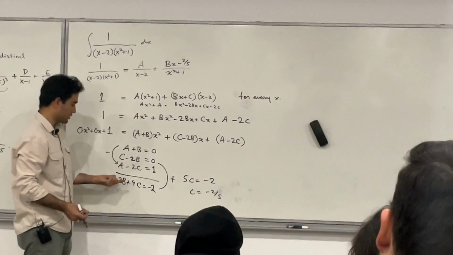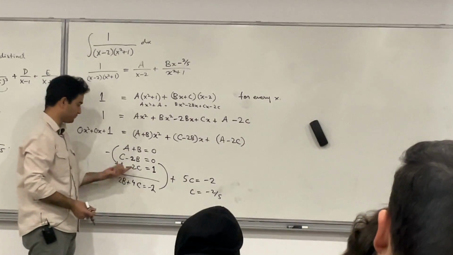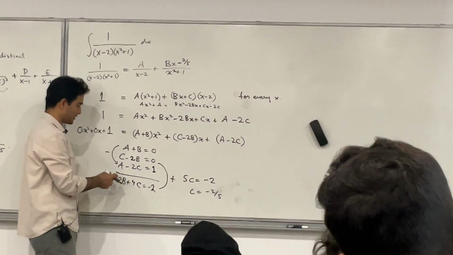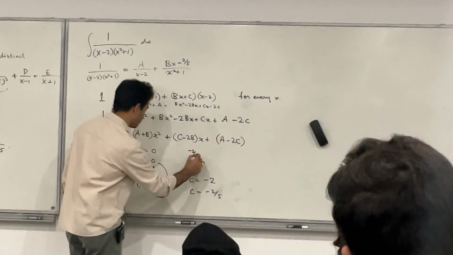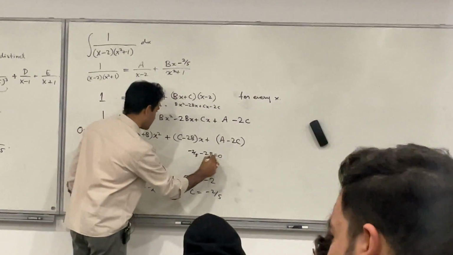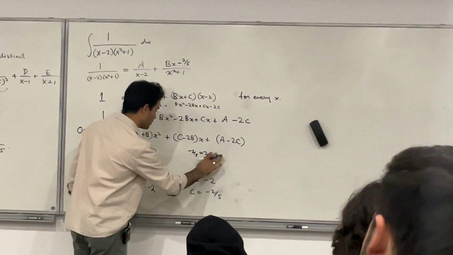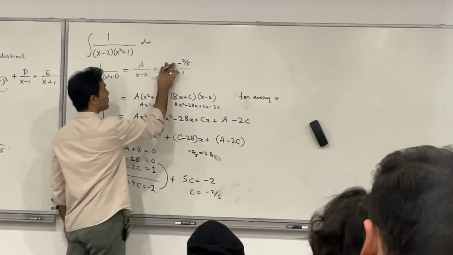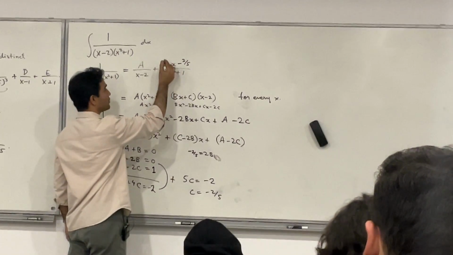Then the rest just falls out, because if c is minus 2/5, then b, which is c, minus 2/5 minus 2b is 0. So that's 2b. So b is what? Minus 1/5? Yes?